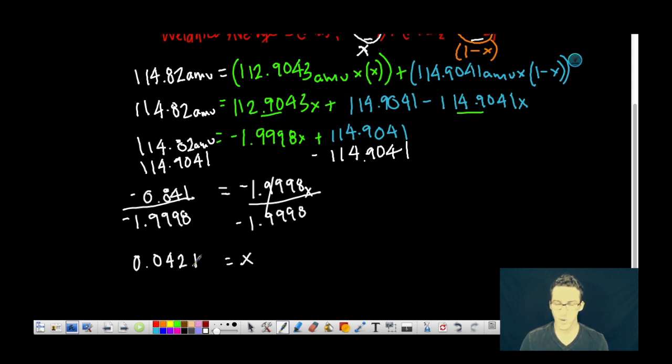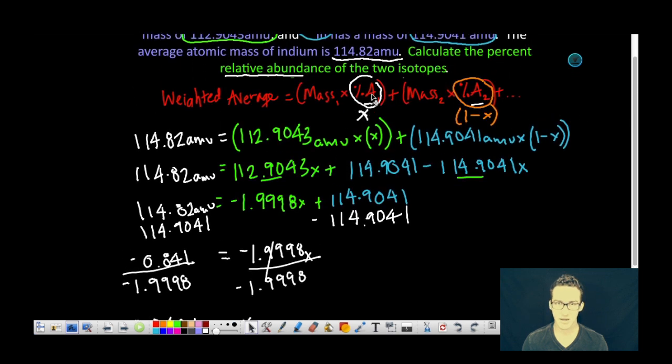Now, what the heck was x even supposed to represent? If you remember, x represents our percent abundance for that initial isotope.